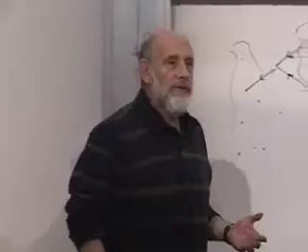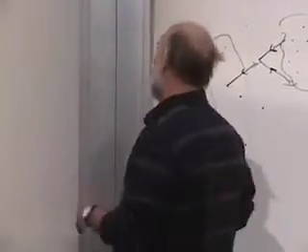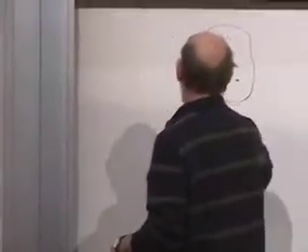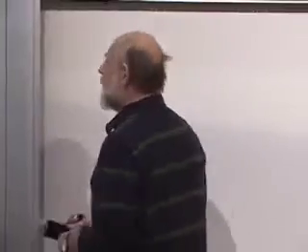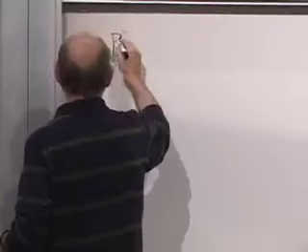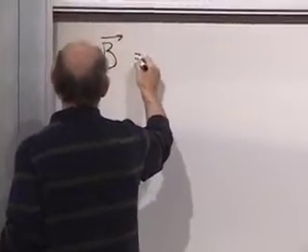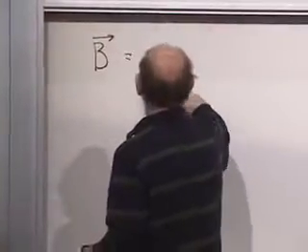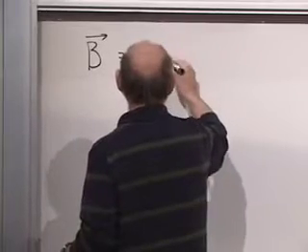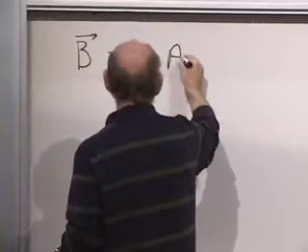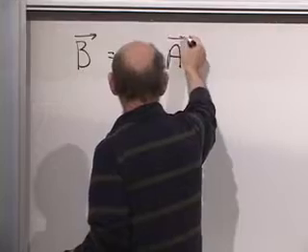You need the idea of the vector potential. All right. The vector potential. The vector potential is just defined by saying the magnetic field is equal to the curl of some vector that's called the vector potential.